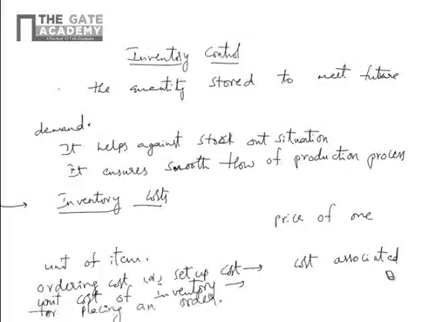So that is called ordering cost. For one order, how much price we need to pay. That is ordering cost. The expenses incurred in the purchase department. Setup cost is used when inventory is made within the organization.